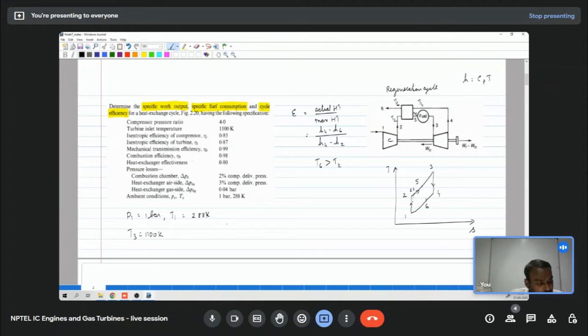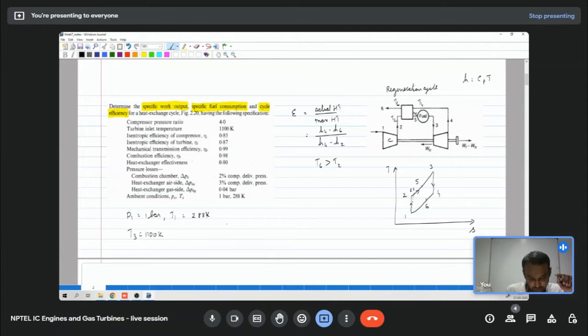Right. So for H5, how do we calculate? Okay, based on the turbine inlet condition, we can find the outlet temperature.